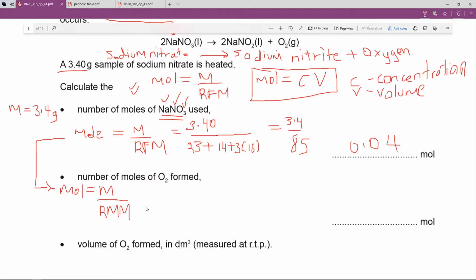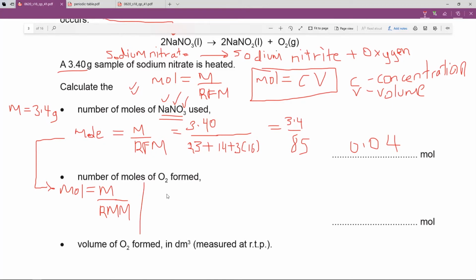But you realize that there's no mass of oxygen given, and we don't have the moles, because the moles is what we want. So there's no way this formula can help us. In such a case, you use the previous number of moles that you found, the 0.04 for sodium nitrate, and apply the mole ratio concept.